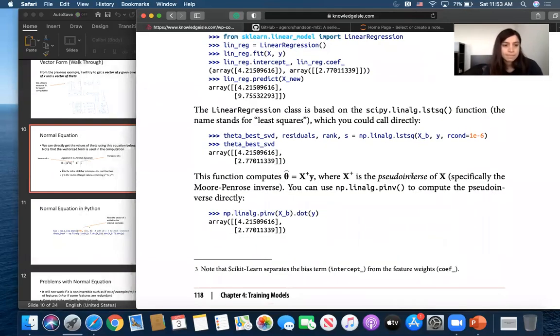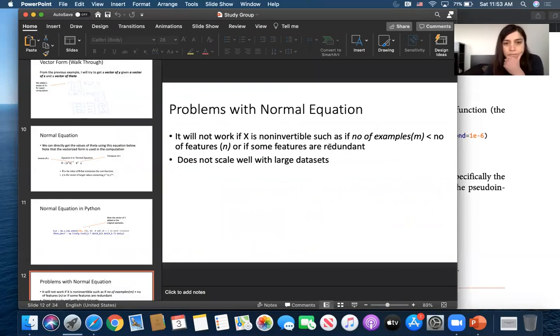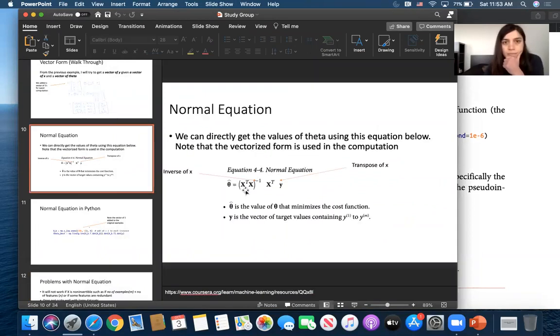Yeah, you're right. It uses that because of the problem of non-invertibility. In this portion we're trying to find the inverse of everything in here, and depending on your x values, that might not always be possible.